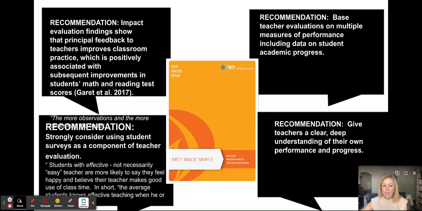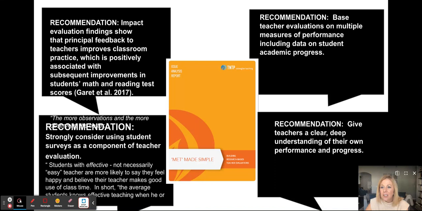This communicates that students spend more time with the teacher than even the evaluator who's in the school, and so they do provide accurate and effective information. Basically, it's saying students do know what effective teaching is, and they are able to give that feedback through a perception survey.